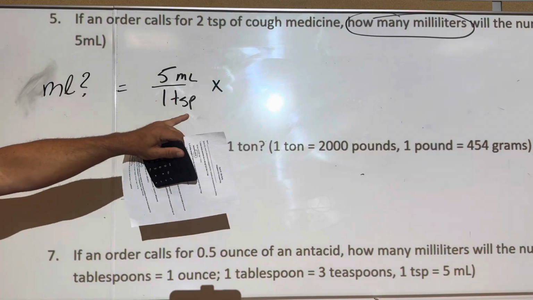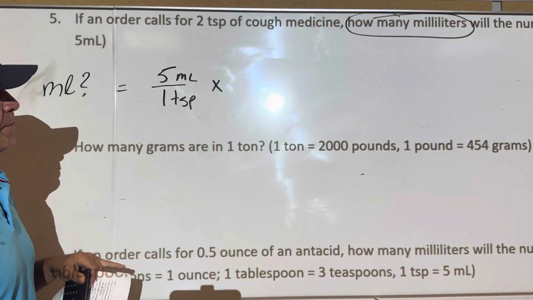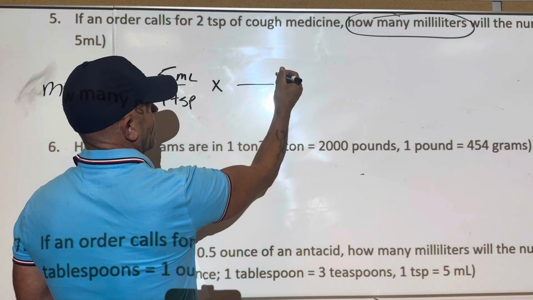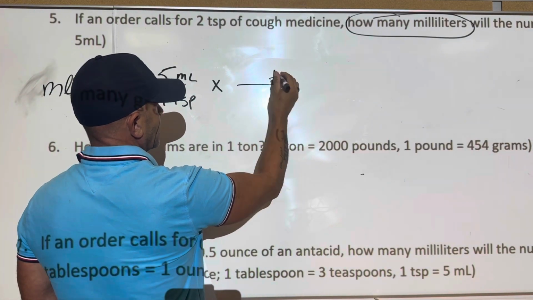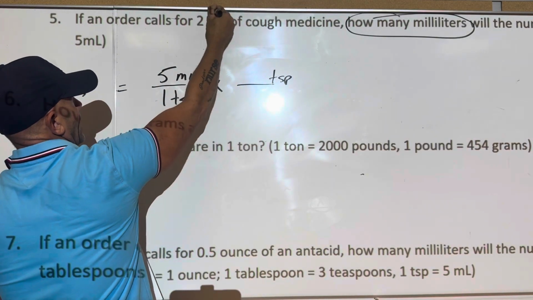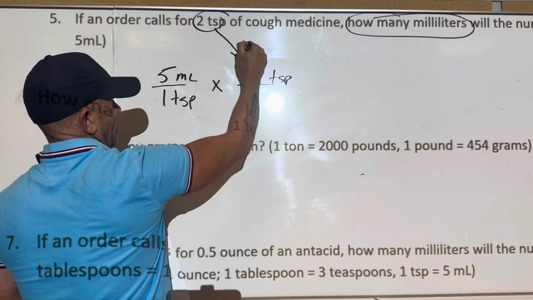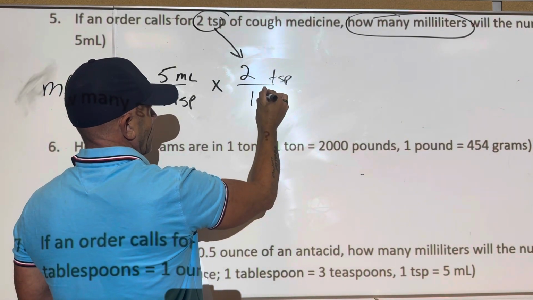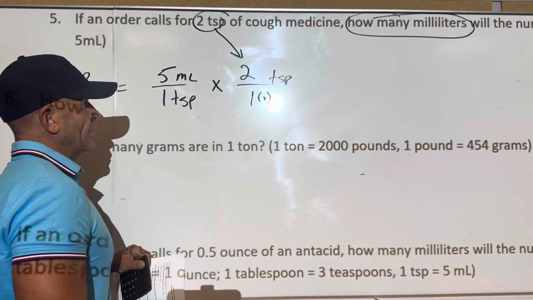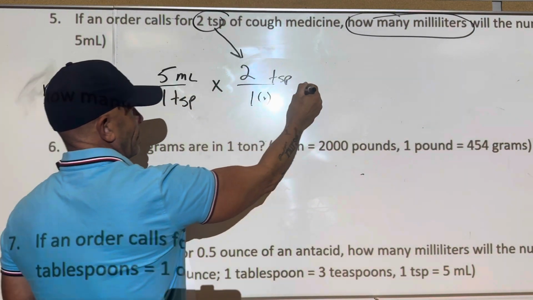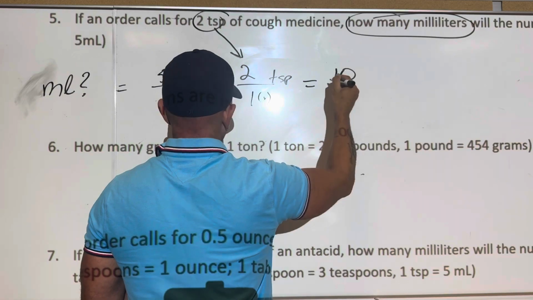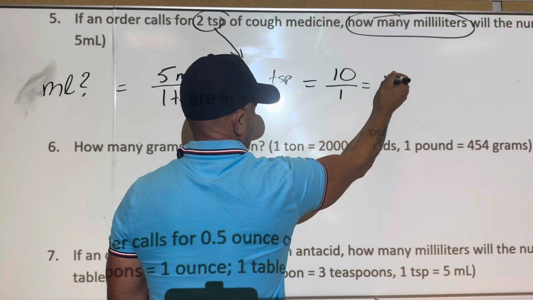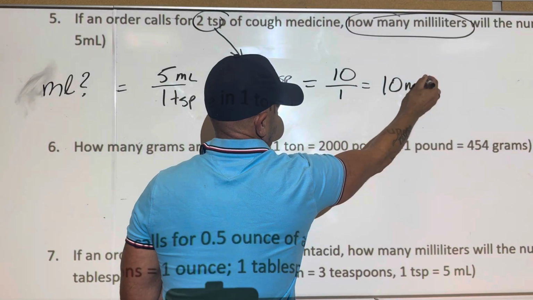So they wanna know how many mLs is in 2 teaspoons of cough medicine. Well, we know that this is teaspoons, so what's gonna go here? Teaspoons. Well, where else in this equation gives you teaspoons? Right here. Goes right there. 2 teaspoons. Well, we're also looking for our x. So, 5 times 2 equals 10. 1 times 1 is 1. That gives you 10 mLs.